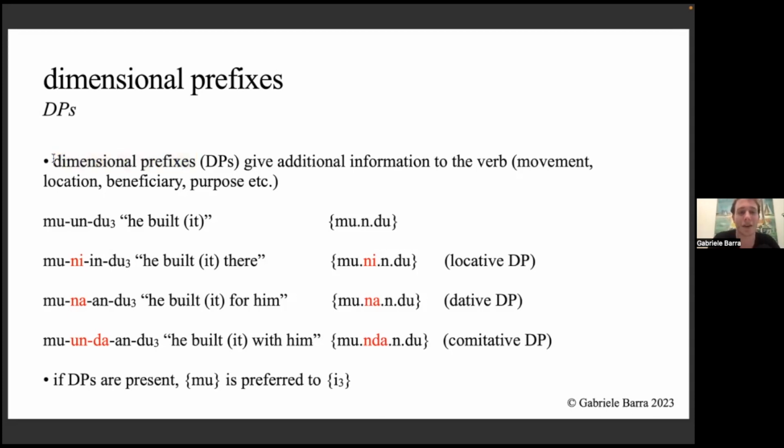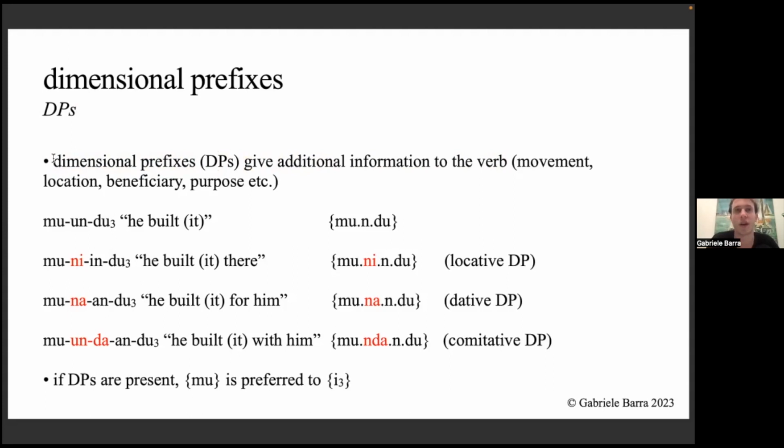All right, so dimensional prefixes. They appear after the conjugation prefixes and before the personal affixes, and they basically just give additional information to verbs. They basically work like grammatical cases, just with verbs and not with nouns.